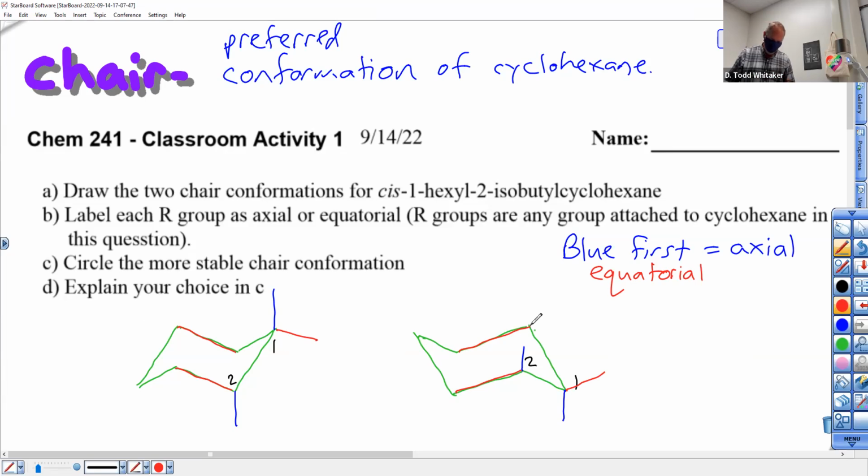Now talk to me about carbon 2. I'll switch to a baby blue for the equatorial on 2. Hey, if the axial is straight down, how do you think you're going to draw the equatorial?